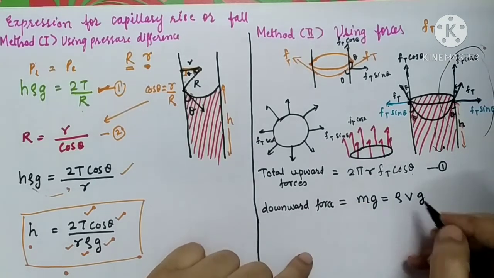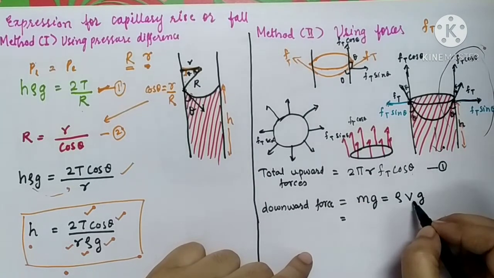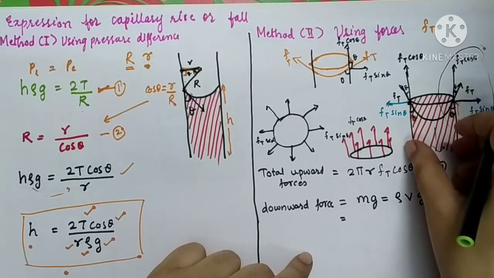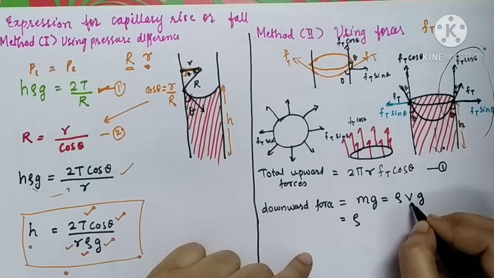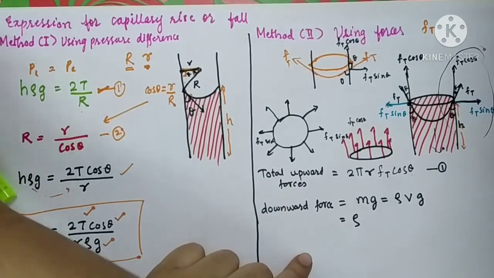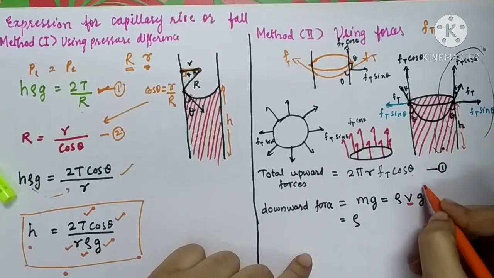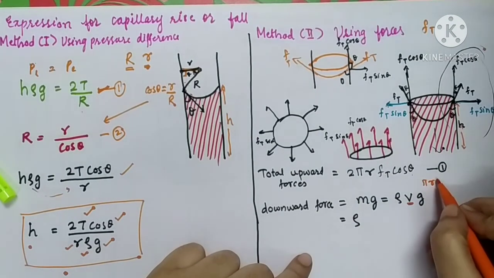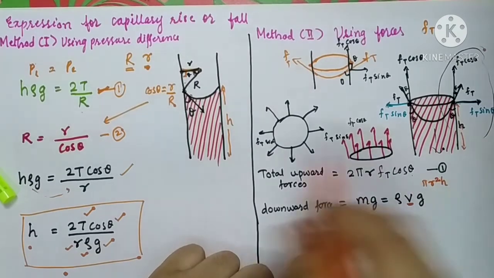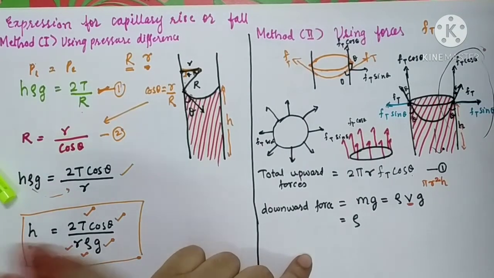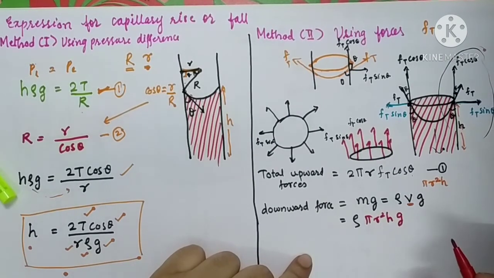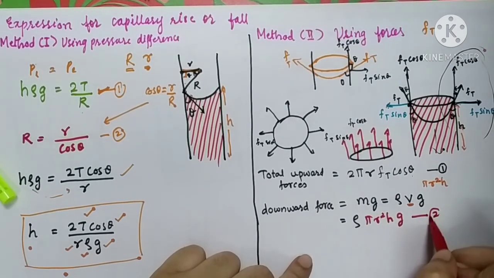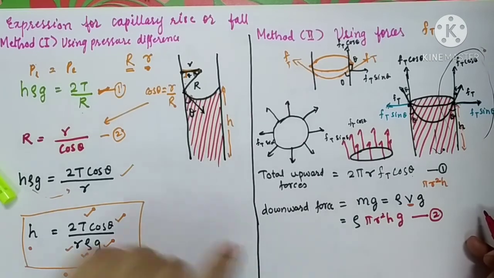Now, as the entire capillary is cylindrical in shape, the volume of a cylinder, you all know, has the formula pi r square h. So in place of V, we write pi r square h into g. So rho pi r square h into g is the total downward force acting on the liquid meniscus.